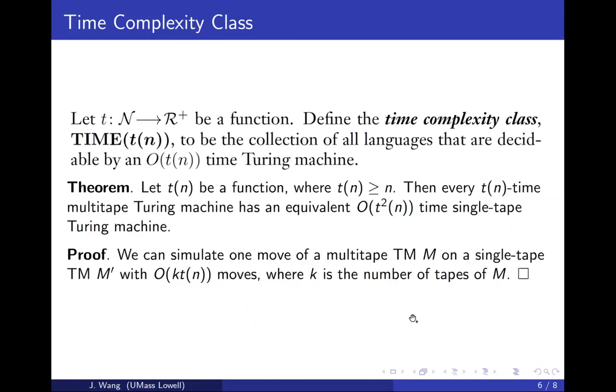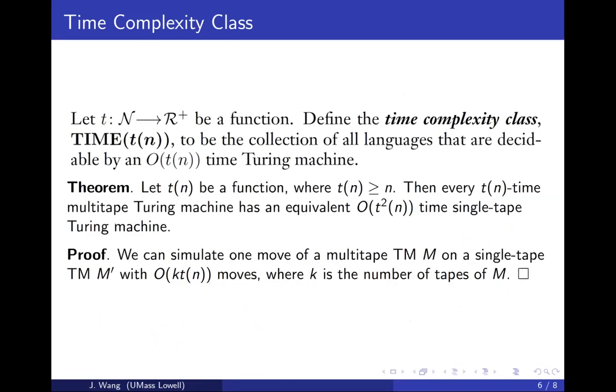Okay, now let's define time complexity class. Again, we use Turing machines. So let t be a function. We use small t, so implicitly we mean that this t is a time function, a function to measure time, the number of steps.